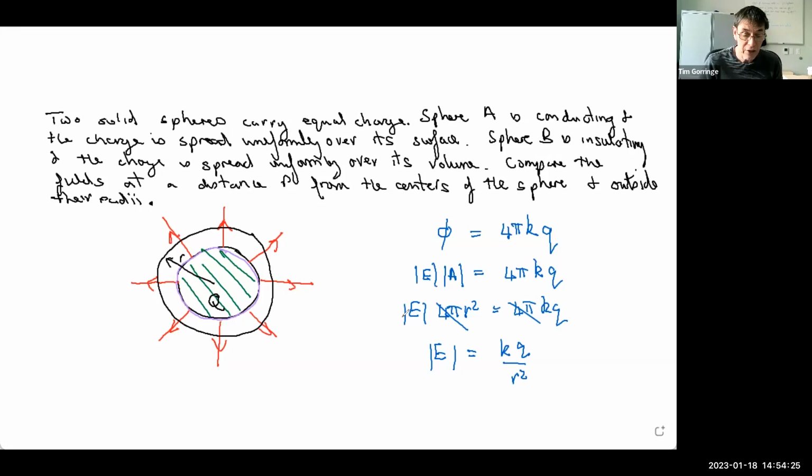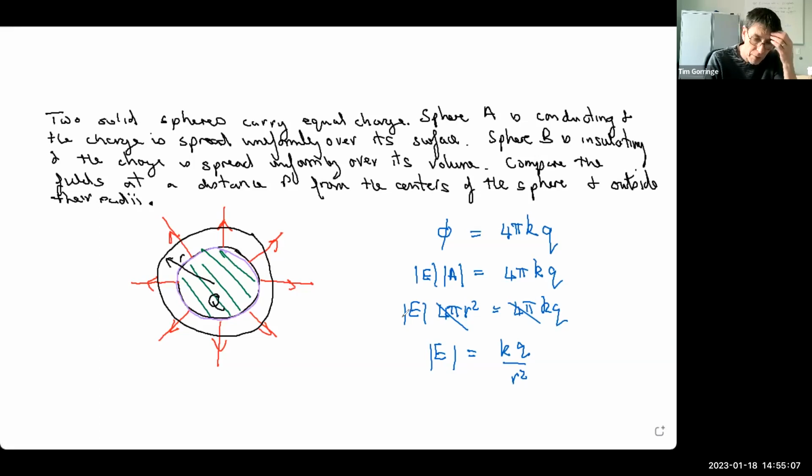So you can't actually distinguish between it being a conducting sphere or an insulating sphere, one that has the charge distributed over the surface, one that has the charge distributed through the volume, by the electrical field outside of the insulating or conducting sphere. In fact, you can't distinguish between the solid spherical distribution of charge for the insulator, the spherical shell distribution of charge for the conductor, and a point charge. If the charge was all located at the very center, if Q was located at the very center, that would have exactly the same electrical field.